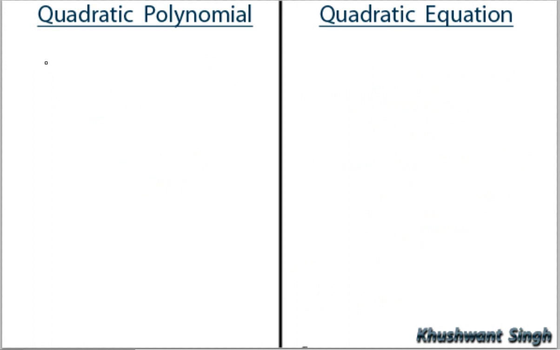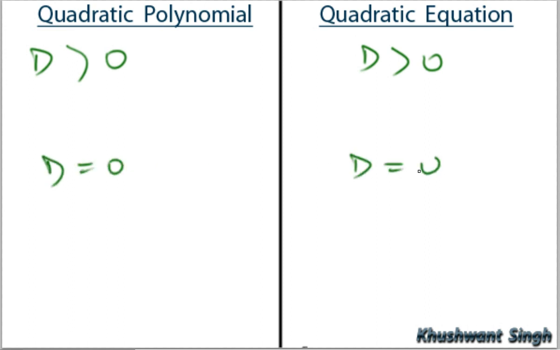In a quadratic polynomial, there were three cases: d greater than 0, d equal to 0, and the third case d less than 0. D means the discriminant when we equate to 0.